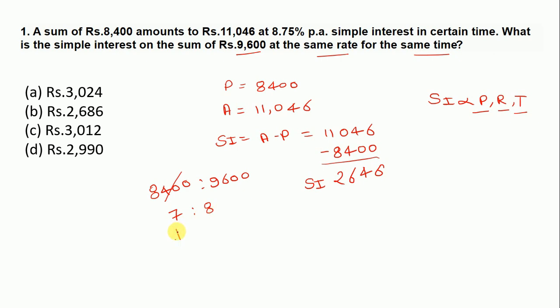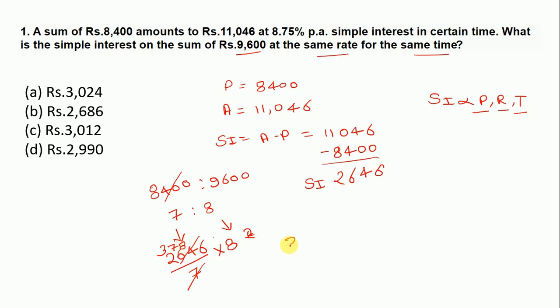So for 7 units simple interest is 2646. For 1 unit simple interest will be divided by 7, and for 8 units just multiply it by 8. So 7 times 3 is equal to 21, 5 remaining, 54, 7 times 7 is equal to 49, 5, 378.